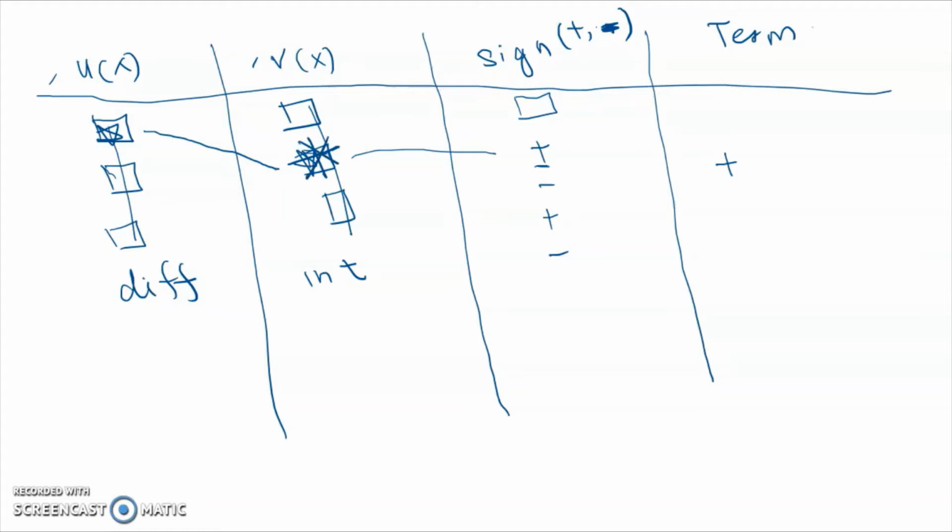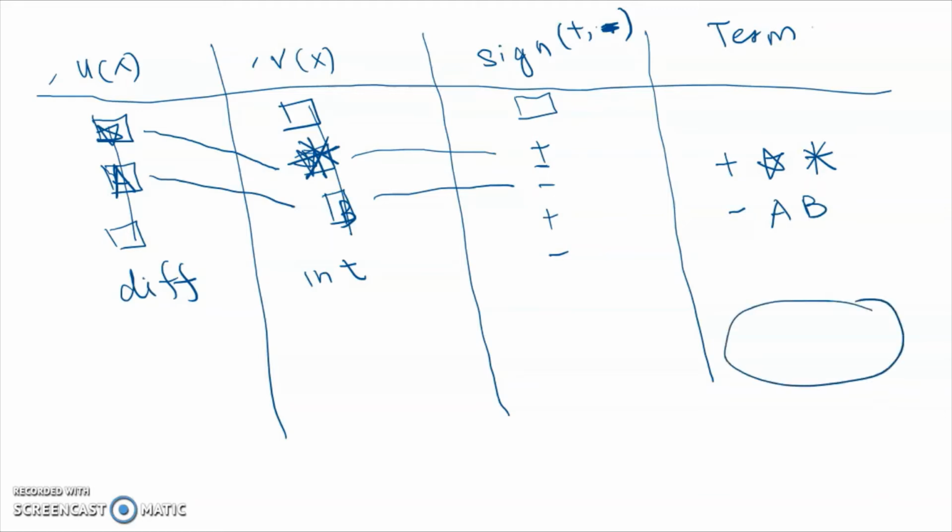The next, let's say this is A and this is B. So I will take A times B with the negative sign. So the final solution is the sum of all these terms.